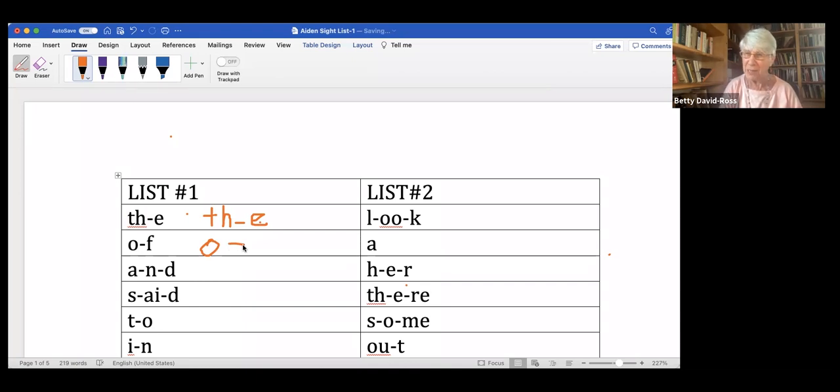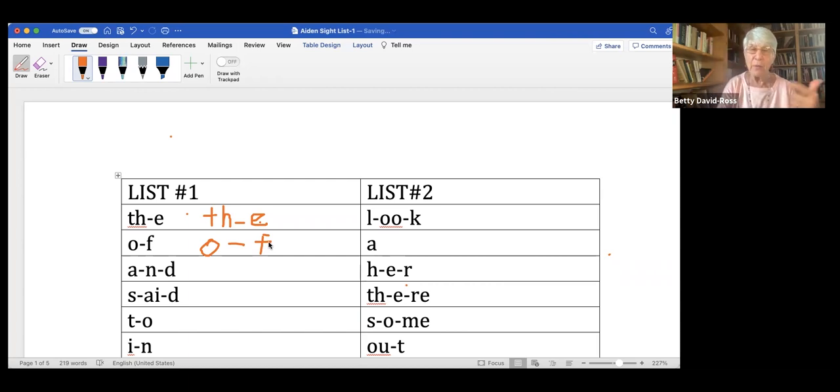It's the most commonly spoken sound in the English language. Okay, what's the second sound in "of"? All right. If the student notices that it's an F and that should be a V, then I'll discuss it. Otherwise, I won't even discuss it. All right. And I'll leave that for a more advanced stage of learning.